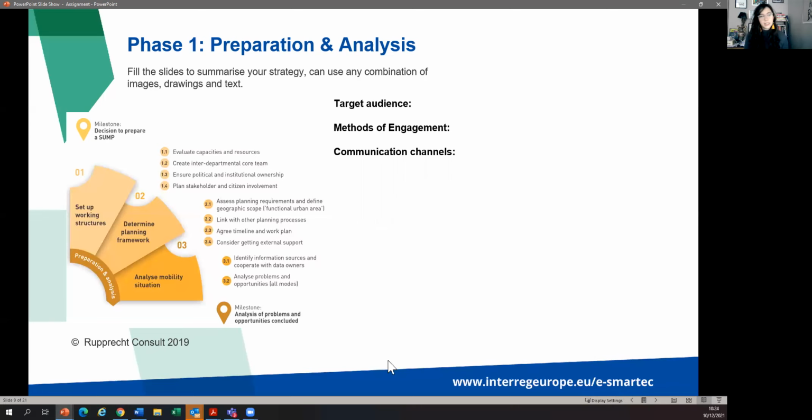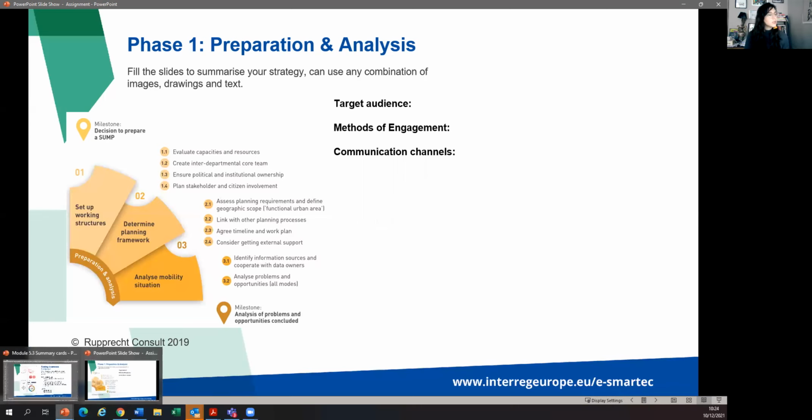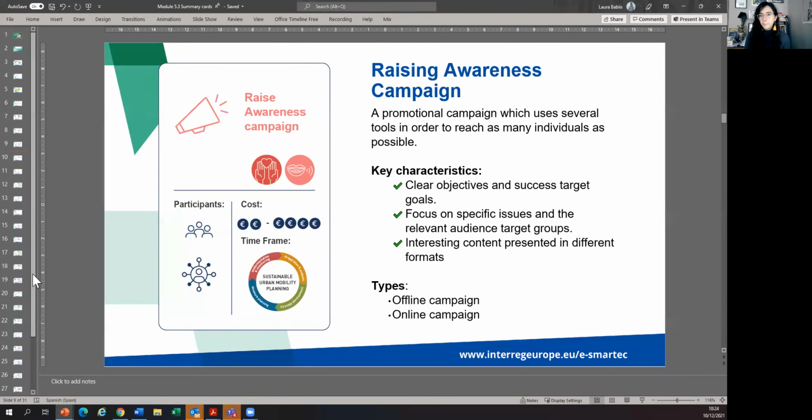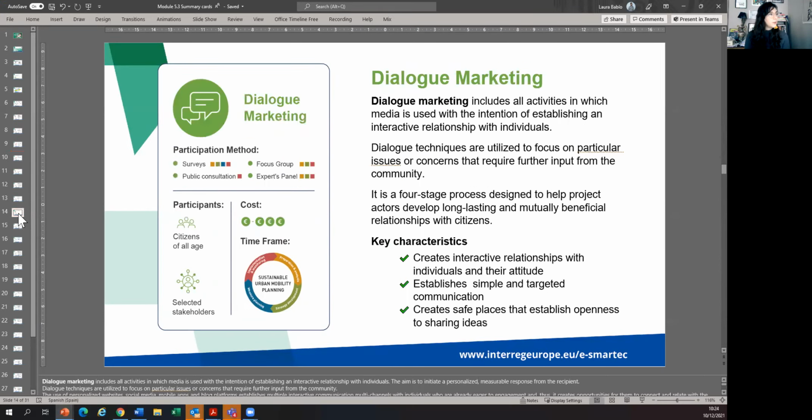I'm not going to write it here, of course, but I'm just going to tell you a little bit. So I have decided that we are going to do an informing and gathering of information. I have decided to use the dialogue marketing technique because it's good for establishing an interactive relationship and it can be used in different engagement methods.